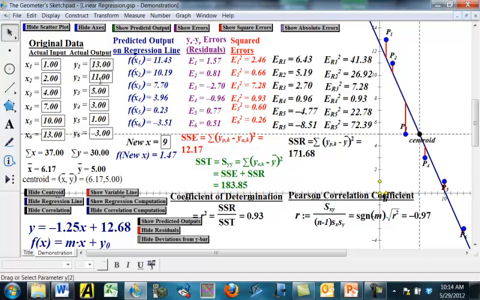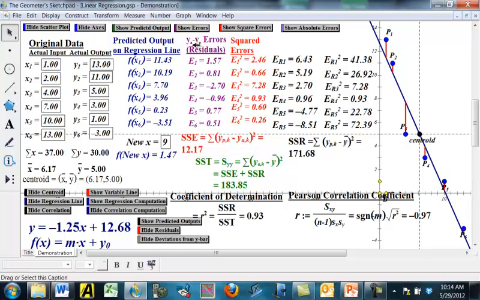So we ignore the 11, take the 2, put it in this formula down here, and you get an output of 10.19, which is the y value right here. Do that for all of these, and you get all of these numbers here. Those are just the predicted values. So those are y predicted.